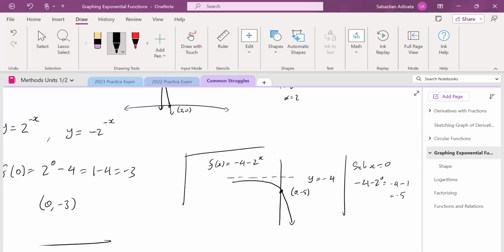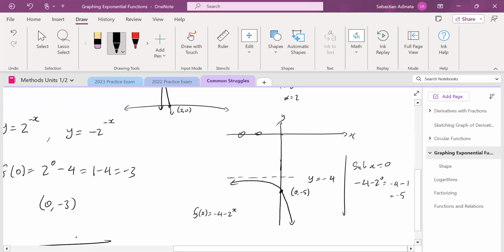Now, since this is -4, -3, -2, -1, 0, this is where the axis intercepts. And clearly there will be no x-intercepts, and we are done.